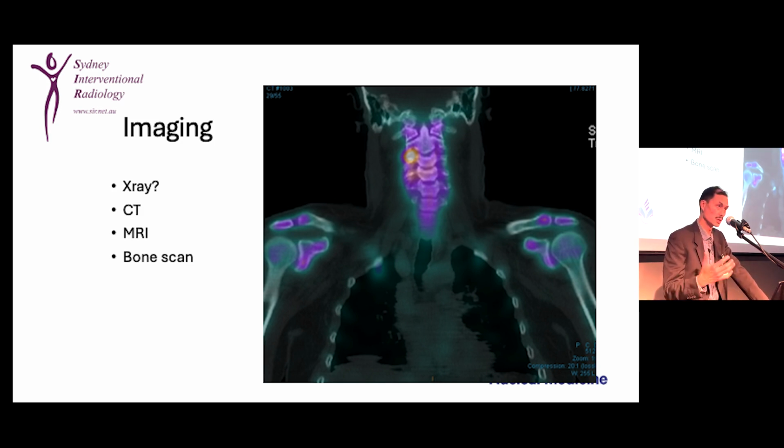So that's a CT or an MRI. I should say, I think the bone scans can be useful, but often for a diagnostic dilemma. So this patient here is a young gentleman, probably in his 50s, who had a bone scan showing C2-3 facet arthritis. And so this helped guide us to a C2-3 facet joint injection to help with his pain.